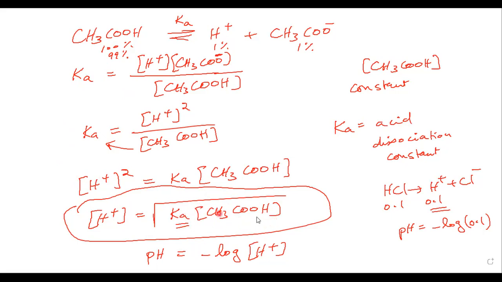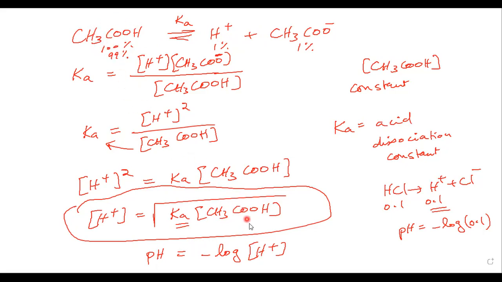Okay, you're welcome. Now, here we have made two approximations. The first approximation is that we considered the concentration of the ethanoic acid after being dissociated as if it remained as it is, because here this is the concentration of the remaining acid. So we considered that it's the same as the starting concentration of the acid.